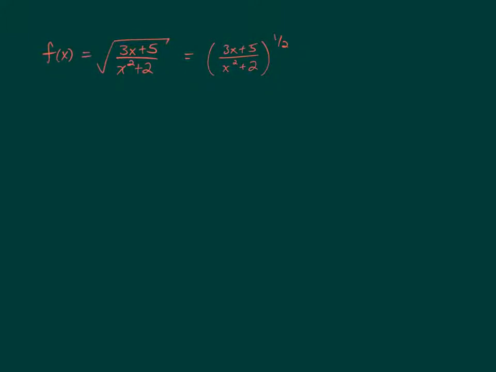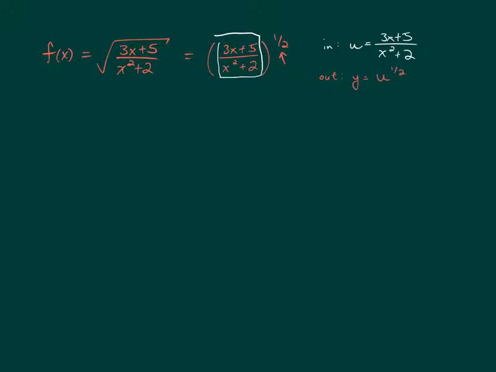Then we can identify what is on the inside of the function. So the inside will be u equals (3x plus 5) over (x squared plus 2). And the outside is easily identifiable now as the exponent 1/2. So we'll say the outside is y equals u to the 1/2 power.